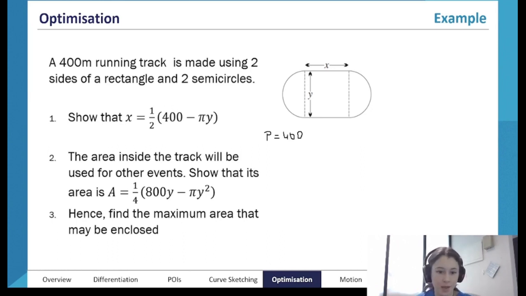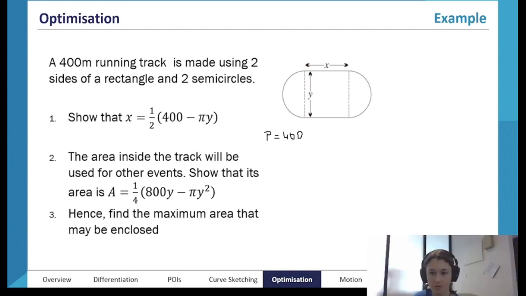And then we want to determine the relationship between X and Y. So just at the face of it, what it looks like to me is that this Y value here is actually the diameter of this semicircle, which could be useful in coming up with our answer, right?